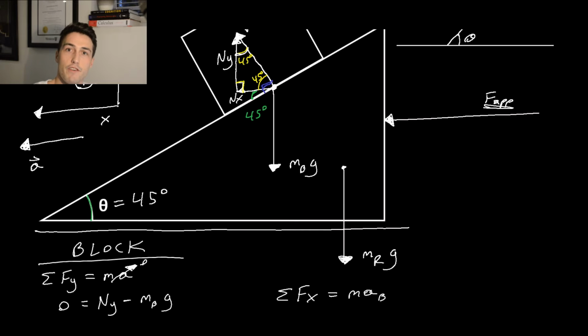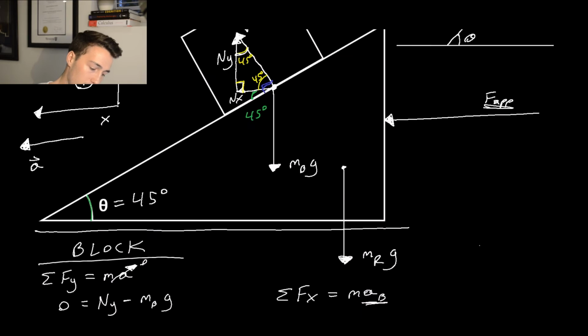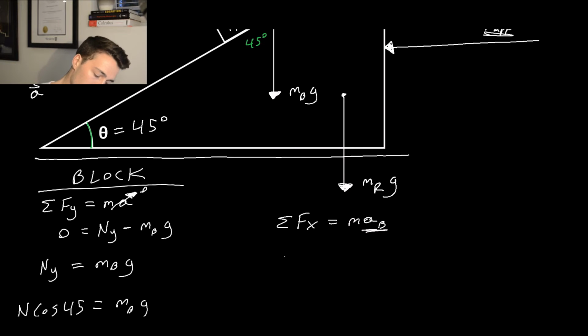That means that each individual component will also have the same acceleration. So we're going to solve for this acceleration of b here. And it is going to be the sum of the forces in the x direction. So that's Nx, and I believe that's it. So we can say the x component is equal to mass times acceleration of b.